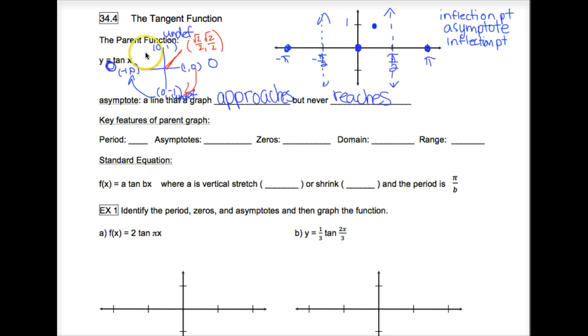If I look at the value between pi over 2 and pi, and again, I look at the 45-degree angle because it's the easiest to calculate tangent for, my cosine is negative over here and my sine is positive. So when I divide these two, I get -1, whereas here I got +1. So halfway between pi over 2 and pi, I have a value to plot on my graph at -1.